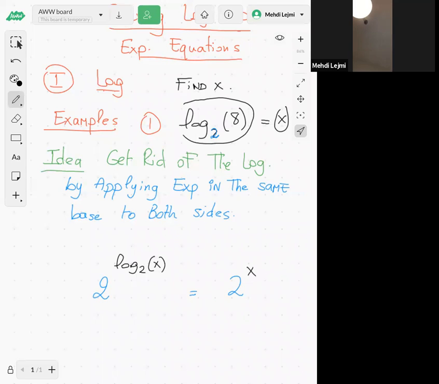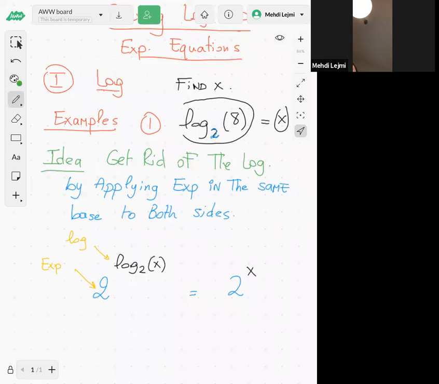Okay, so as you can see, guys, this is a log, and this 2 here is an exponential base 2, because remember, exponential is some constant to some power of x. When you compose the exponential and the log, they are inverse of each other, so they cancel out.